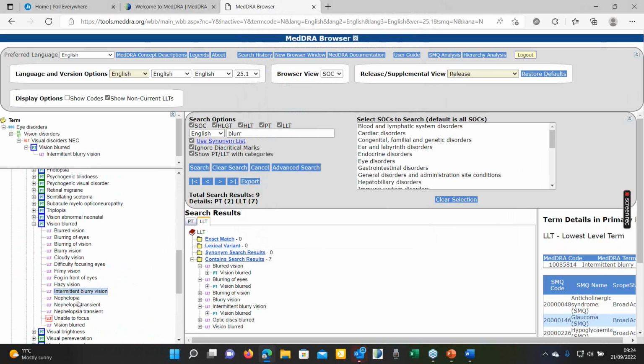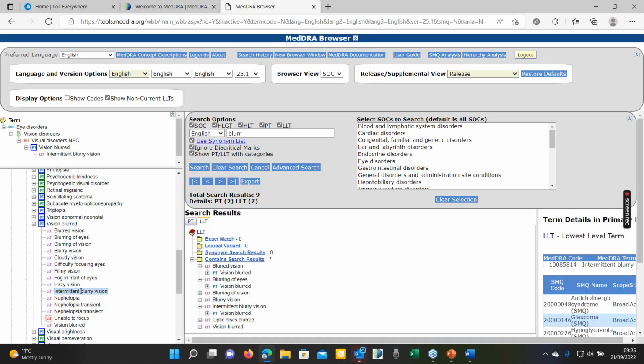And I know when I'm coding, if I do this, and I know that the LLTs are generally synonyms or quasi-synonyms, then I would be thinking, well, what does that mean? And then my next step would be to search and try and find a definition for that condition. Because if this nephrolopia means blurry vision, then I've got a good match there with nephrolopia transient.